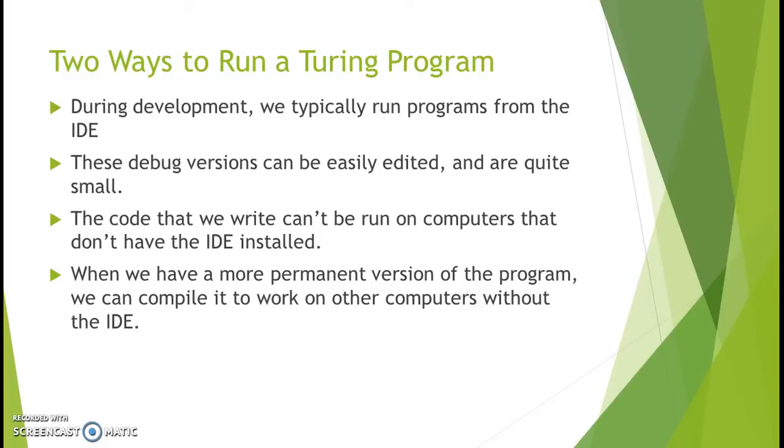And we can make edits very quickly, and quickly get feedback about the changes we make in the code. Now, one thing worth noting is that these programs that we write won't run on computers unless those computers have the IDE installed. And so when we want a permanent version of the program, we'll compile it to work on other computers without the IDE. We'll create an exe file.